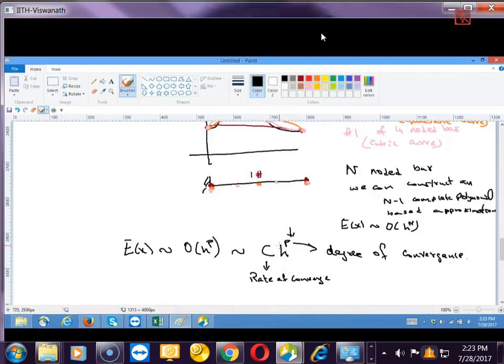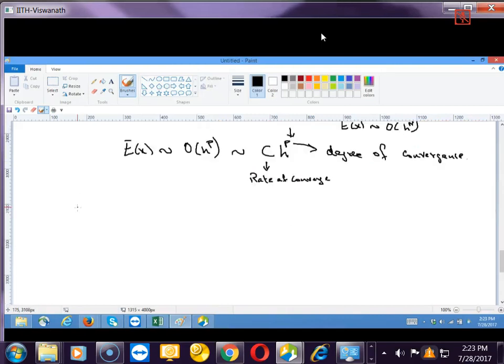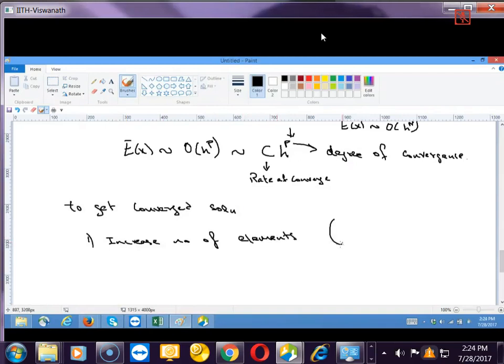At this point, I also would like to say that to review back again, to get converged solution, to summarize, first thing is increase number of elements. If you increase the number of elements, this is also called as H convergence.